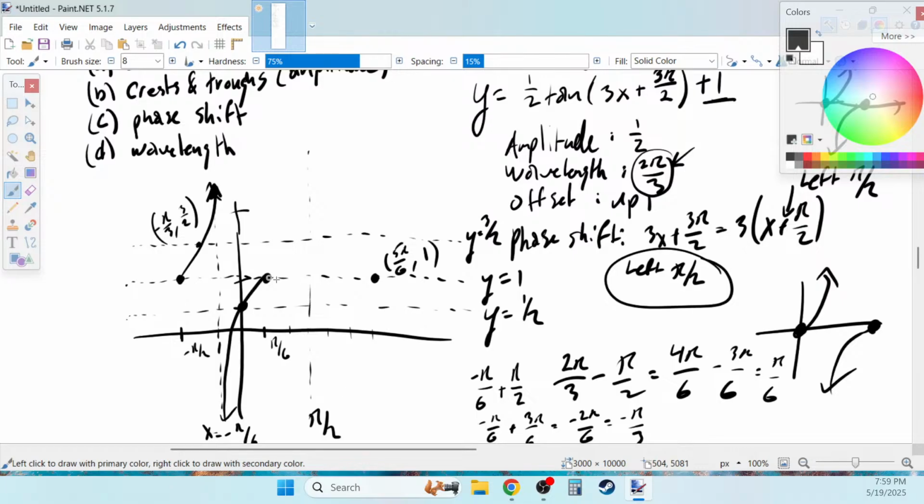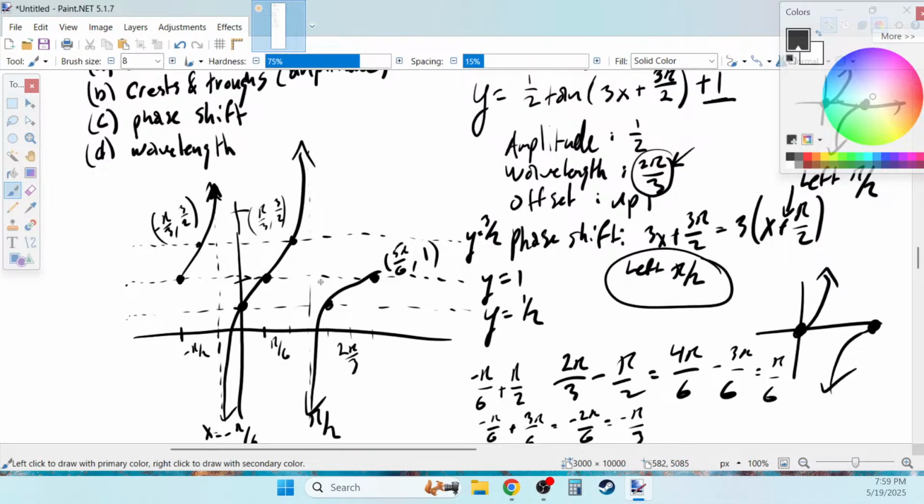And then halfway between pi over 6 and pi over 2 is going to be pi over 3. So we're going to have our crest here at pi over 3, comma 3/2. Go up to our asymptote. Here we have at pi over 3, going to hit pi over 2.